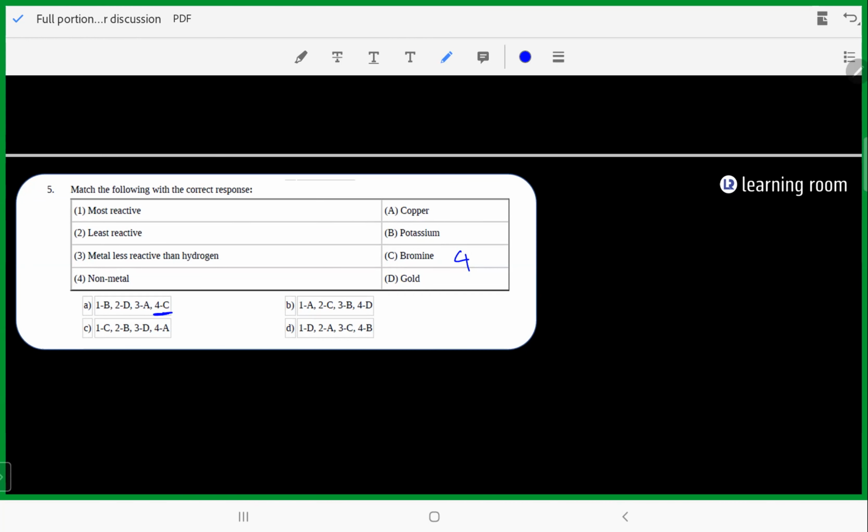And then the most reactive metal. Here, this one is a D block element. Potassium, sir. S block element. This one is a D block element. Okay. So among these, the most reactive is the S block element. So one should be B. And the least reactive, you have copper and gold. Gold is nothing but Au.